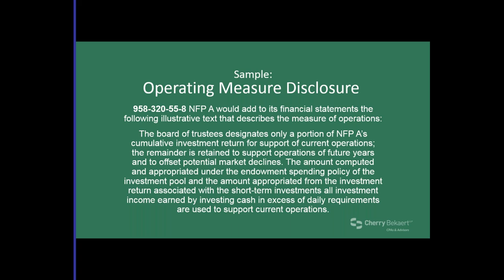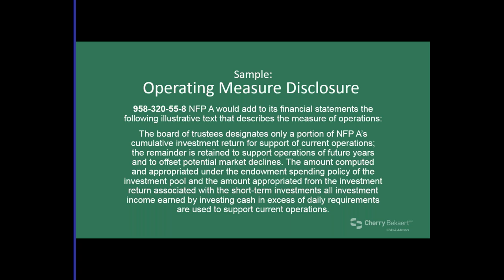But the FASB is suggesting, as part of the changes, that it would include an additional disclosure on operating measures. And really, that would be describing to the users more specifically what that specific NFP is doing as far as what are they considering part of their operations and what are they not.